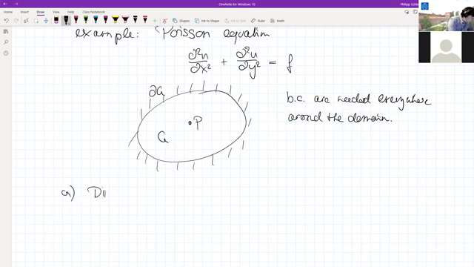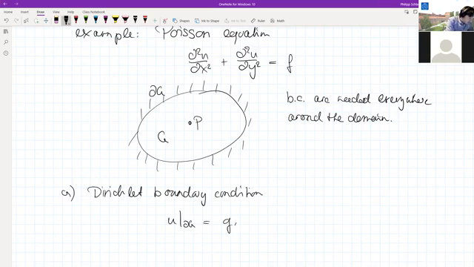Maybe the most classical boundary condition would be the Dirichlet boundary condition. The Dirichlet boundary condition essentially states that the solution at the boundary is given as a specific function, maybe g1 of x and y. So this is the most classical boundary condition.